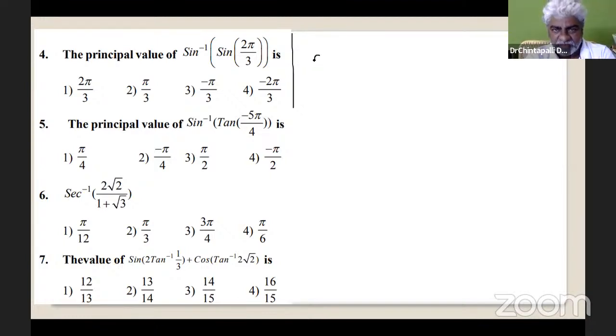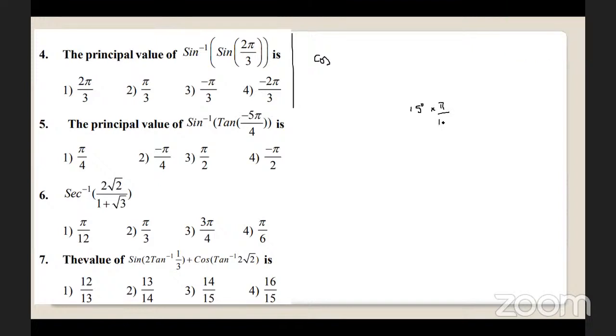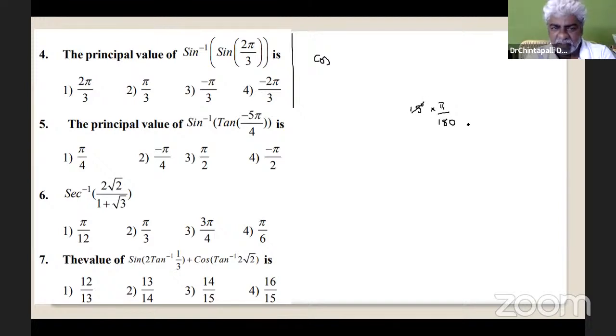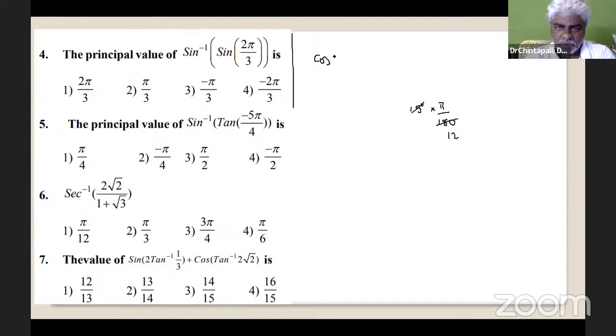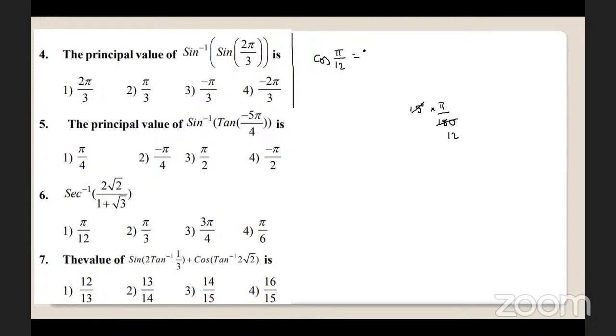Do you know how to convert 15 degrees into radians? 15 pi by 180. 15 goes how many times in 180? Pi by 12. So cos pi by 12 is nothing but cos 15 degrees. What is its value? Root 3 plus 1 by 2 root 2.